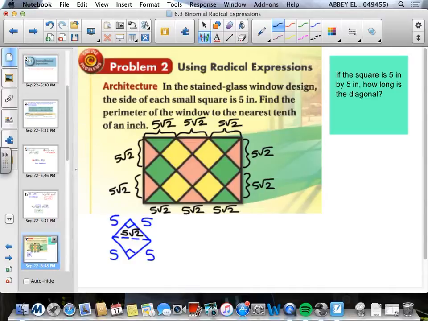I got 1, 2, 3, 4, 5, 6, 7, 8, 9, 10. I have 10 5 square roots of 2. Instead of going there and adding every single one of these up, I know they have the same index and I know they have the same radicand, so I can make my life a lot easier and use some multiplication. So my final answer for my perimeter is 50 square roots of 2 inches.